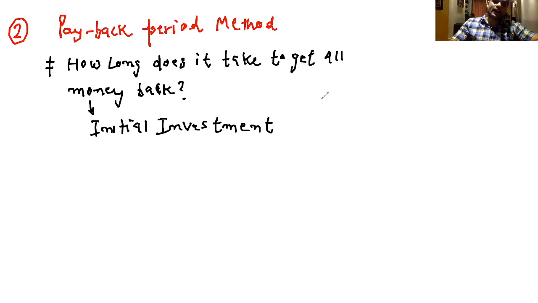So the idea under the payback period method is that we will select the project which has a shorter payback period.